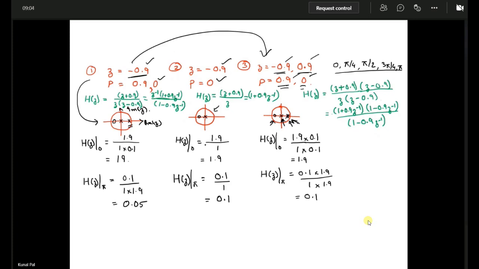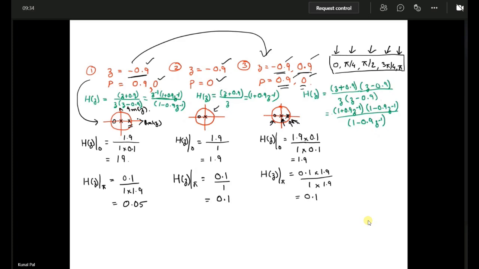Now we have discussed in our last class that while doing the numerical, we would be concentrating at 5 frequency points. Okay. Now, modulus of this amplitude, modulus of H(z) at 0 or the DC frequency, what would it be?